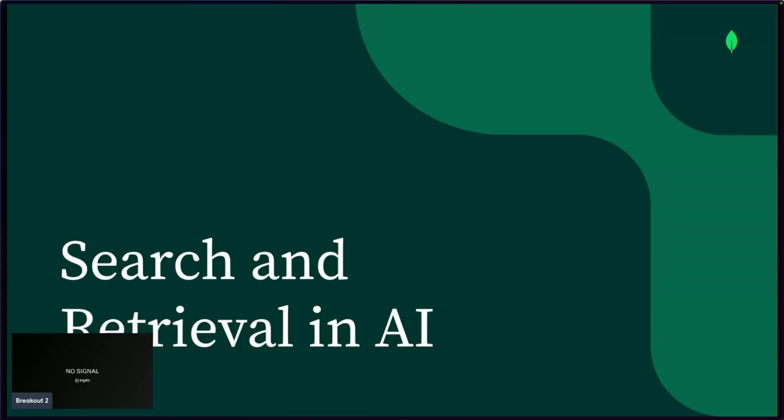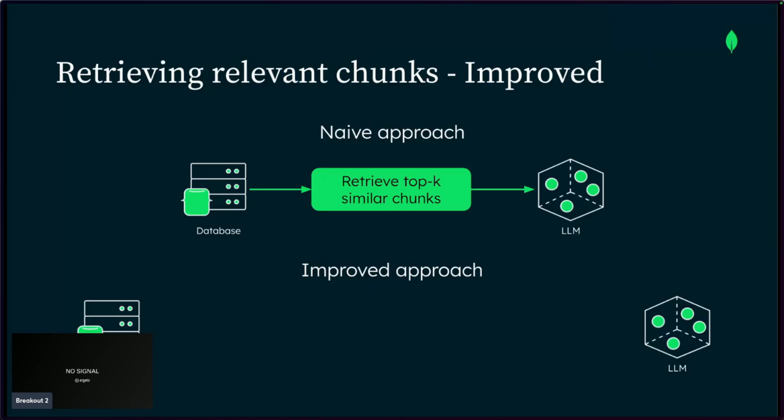Let's talk a little bit about search and retrieval. Search and retrieval is very similar to RAG. This is a normal RAG pipeline at the top. You've got your database, and you're searching for the similar information, and then sending that to the LLM. How can we improve this RAG pipeline?